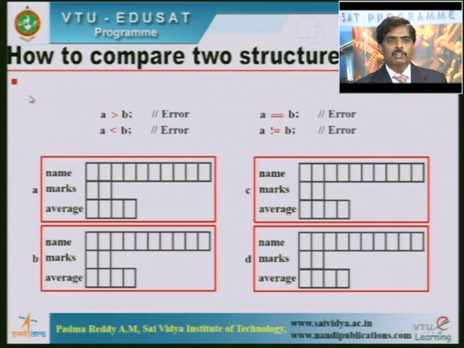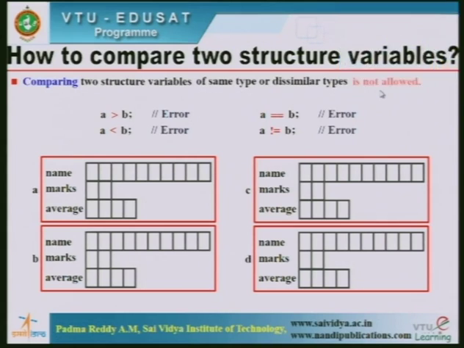So, point number 1 is comparing two structure variables of the same type or dissimilar data type is not allowed. We cannot compare A and B using any of the relational operators such as greater than, less than, equal to, not equal to, and so on. So, these are all invalid ways of comparing two structure variables.